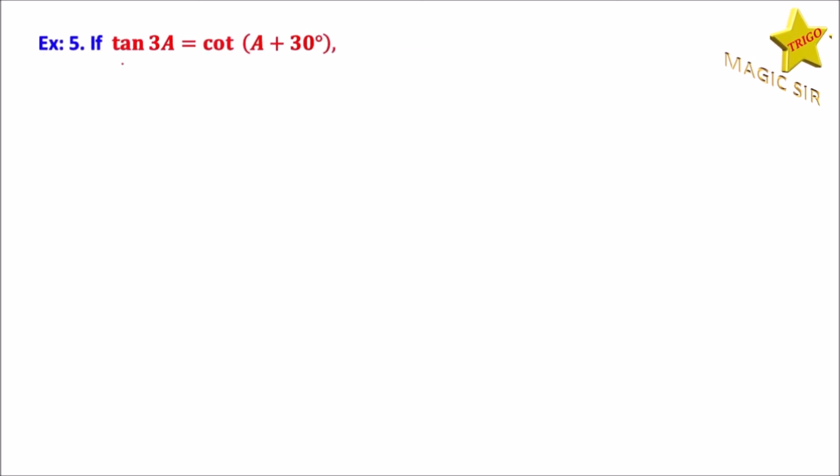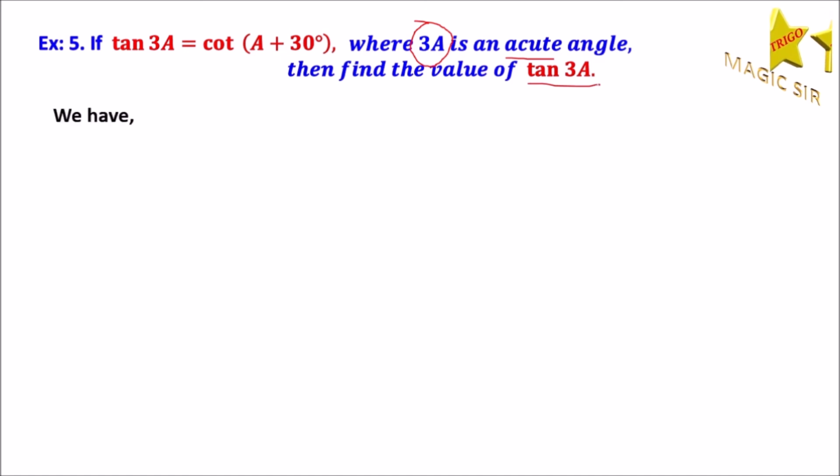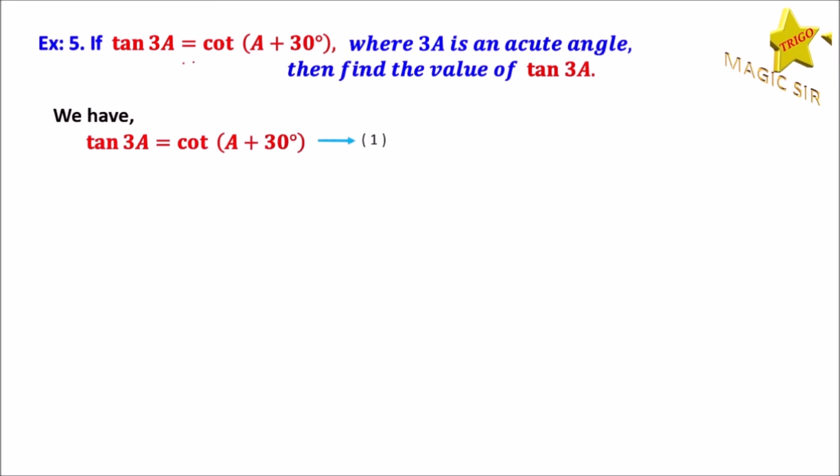Now let us take example 5. If tan 3A is equal to cot A plus 30 degrees, where 3A is an acute angle, then find the value of tan 3A. Here given that tan 3A is equal to cot A plus 30 degrees.